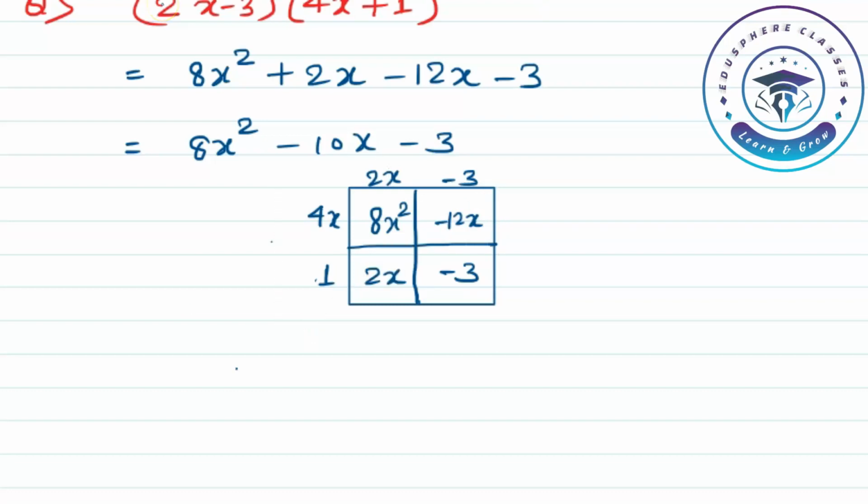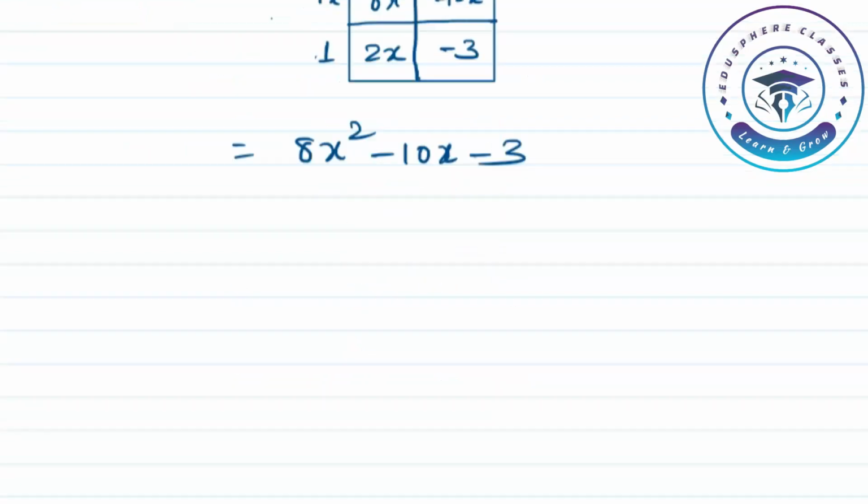So we can write this as 8x square, then negative 12x plus 2x, so minus 10x minus 3. So this is our answer. This is how we can do any multiplication in a box method or in a FOIL method.